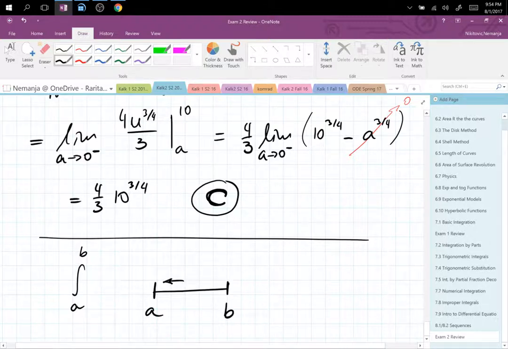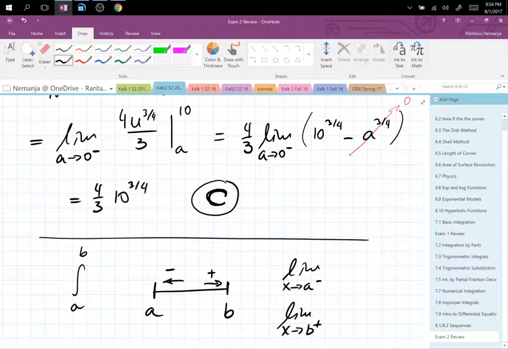A you can only approach from the left, and b you can only approach from the right. So that's why the limit x goes to a minus, and the limit x goes to b plus. You can't have anything else, because the limits of integration are from a to b. So you are approaching a.